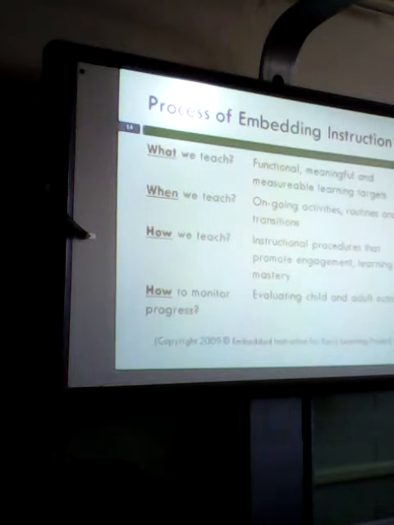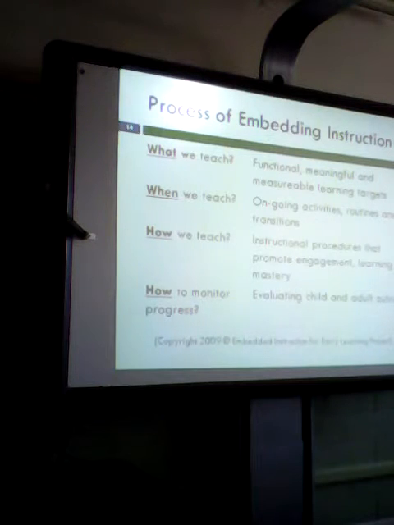So the process of embedding instruction is around the what do we teach? Functional, meaningful, and measurable learning targets we want to be sure are in place when we teach. So we're going to have ongoing activities, routines, and transitions.